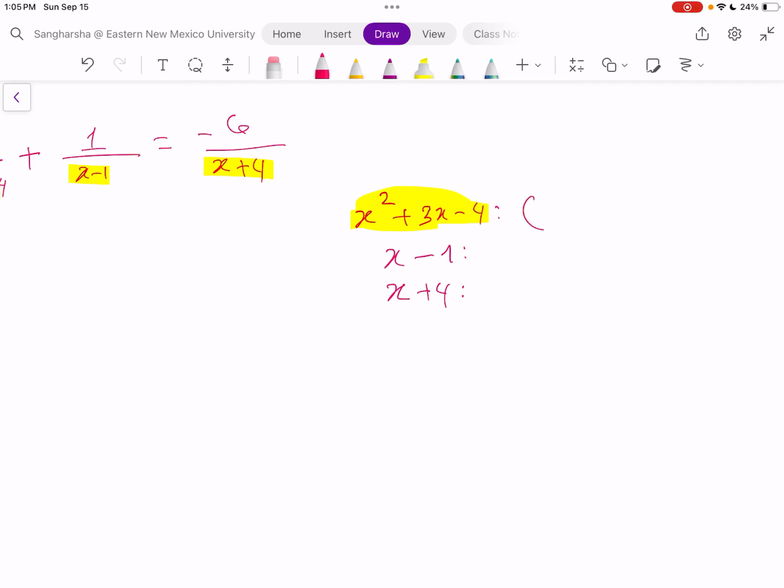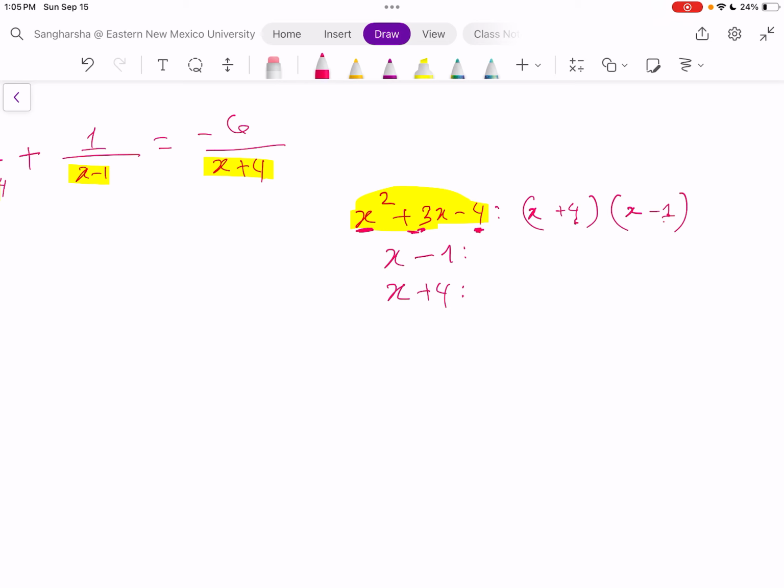Now there is a way to factorize this denominator. We use the FOIL method. So what should be the first term? The product is x squared, so it's always x, right? Now let's find two numbers whose product is negative 4 and sum is positive 3. So it's going to be positive 4 and negative 1.